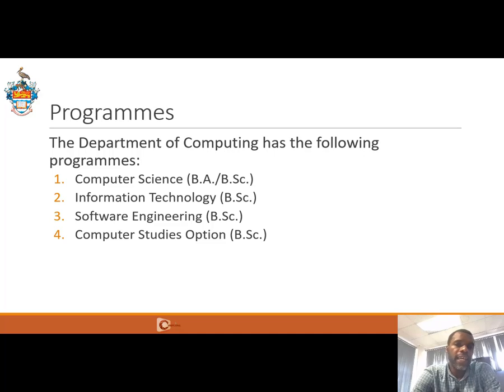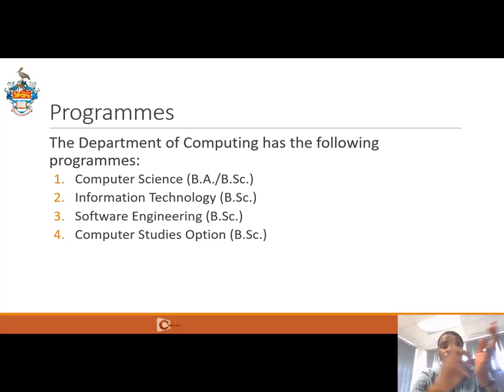The computer science and the software engineering are what we call majors, and therefore you can have a major and a minor. All right, so all you need to major in a computing discipline are 2 double units of CAPE, one of which must be an approved CAPE science subject.